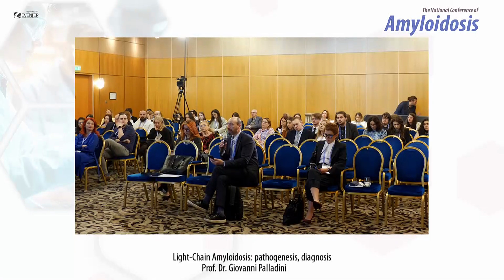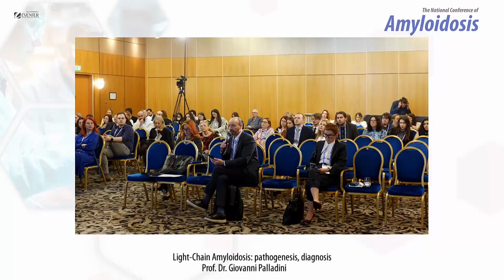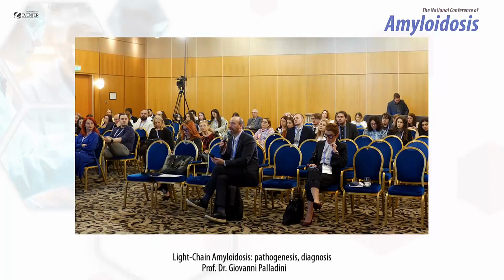Now, regarding the screening, because I think this is very important. One of the problems that we face, I mean, we try to follow your policy, is how to really exclude the presence of AL amyloidosis in a patient with abnormal free light chains, abnormal NT-proBNP and slightly abnormal troponin.